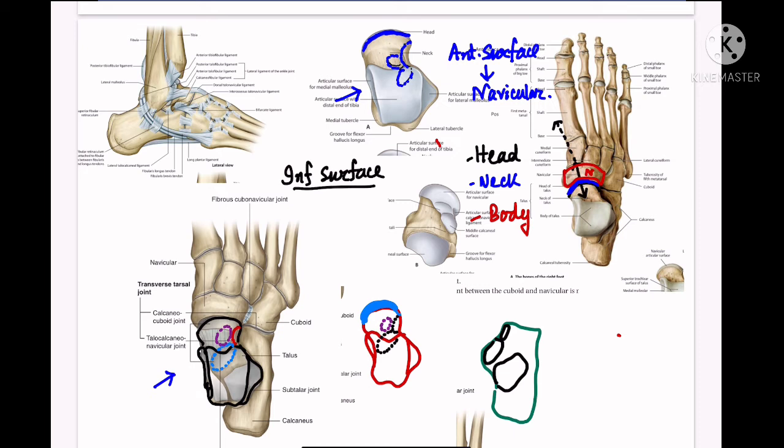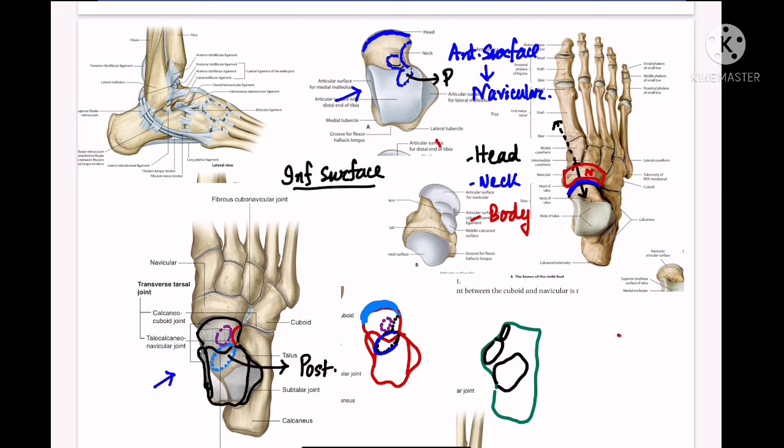First one, this one in blue, this is the posterior facet. The posterior facet is the largest of the three, and it articulates with the middle facet of calcaneus. So this is the posterior facet, this one in blue, and it articulates with the middle facet of calcaneus.